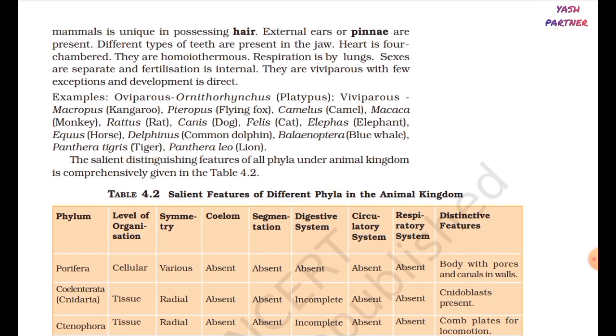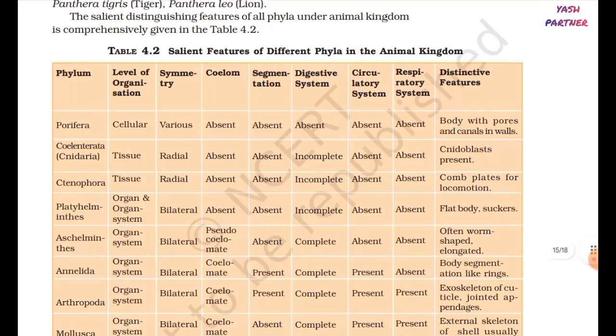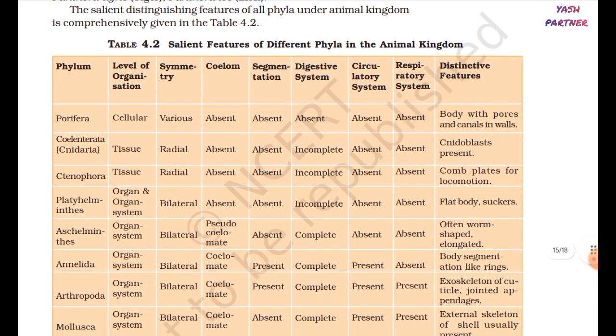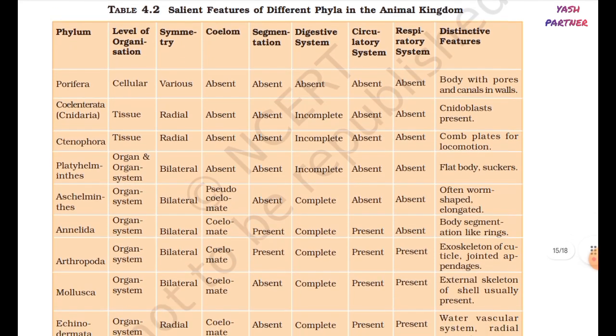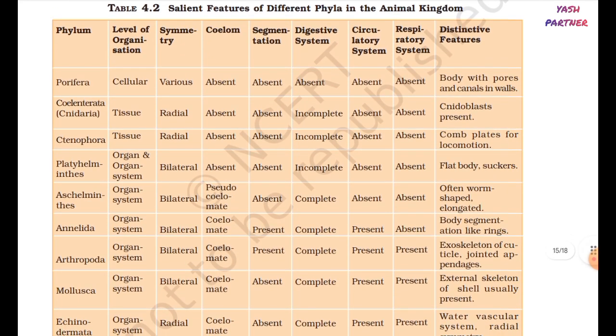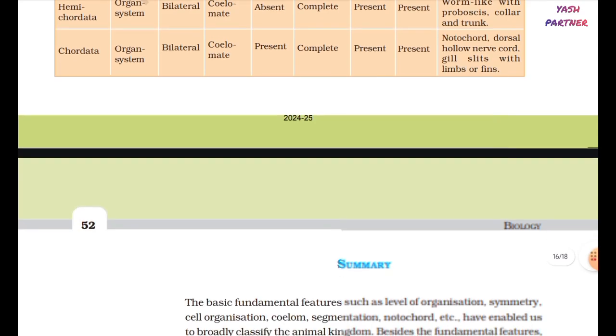The salient distinguishing features of all phyla under Animal Kingdom is comprehensively given in Table 4.2. Table 4.2 Salient features of different phyla in the Animal Kingdom.